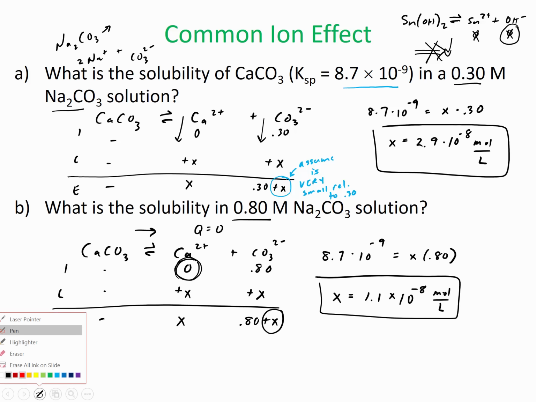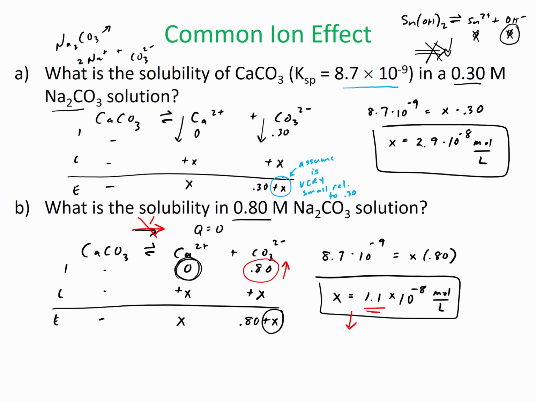Our conclusion is, notice that when this increased, our solubility went down, which makes sense with Le Chatelier's principle. When that number goes up, it's not going to go over to the right as much as it did here.